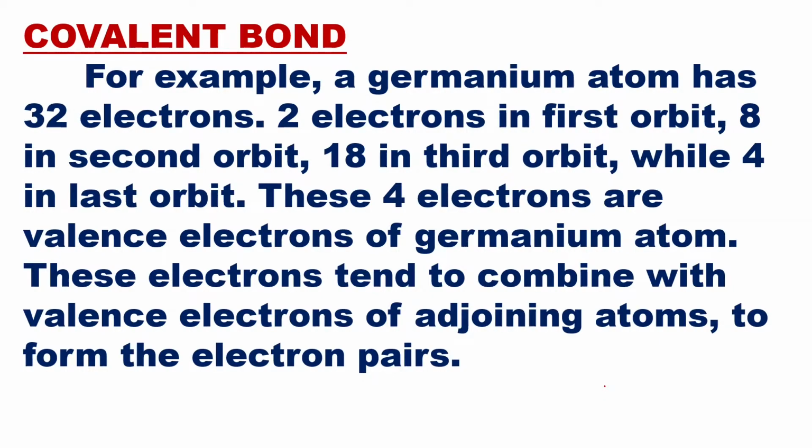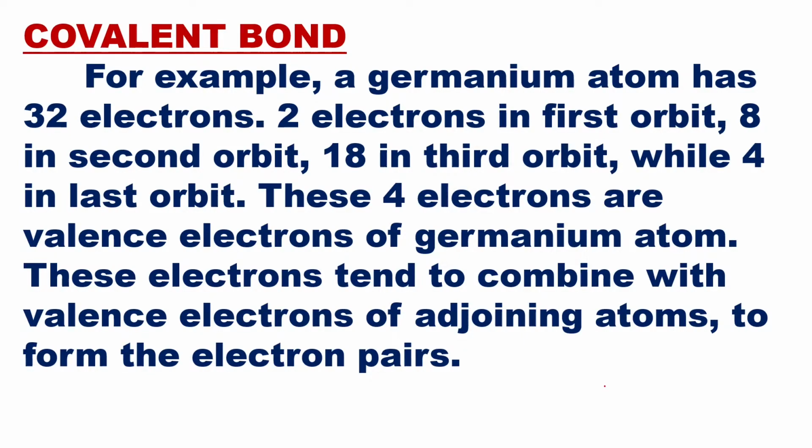Germanium has 32 electrons: 2 electrons in the first orbit, 8 in the second orbit, 18 in the third orbit, while the last orbit consists of 4 electrons. If you add them, 2 plus 8 plus 18 plus 4 is equal to 32. The last orbit has 4 electrons. These 4 electrons are the valence electrons of the germanium atom.